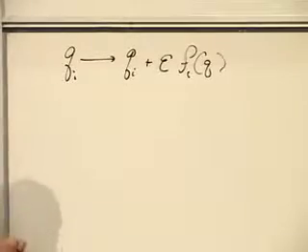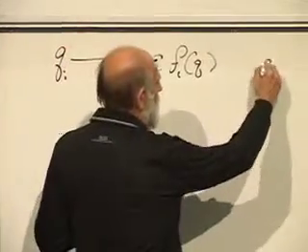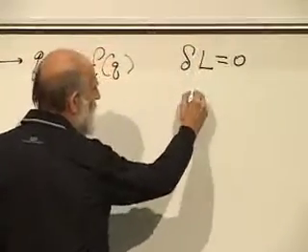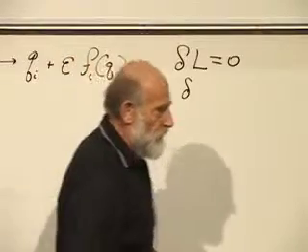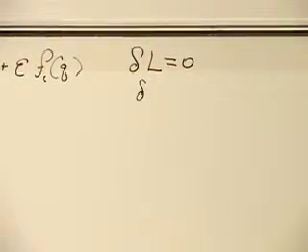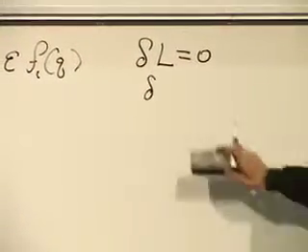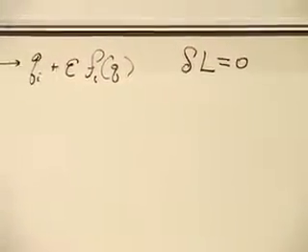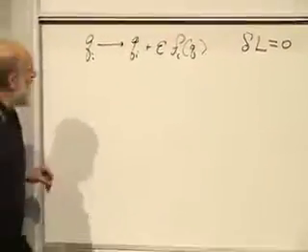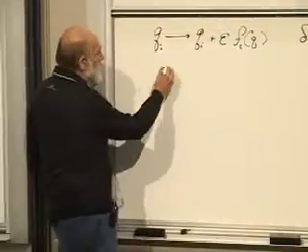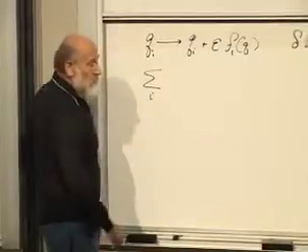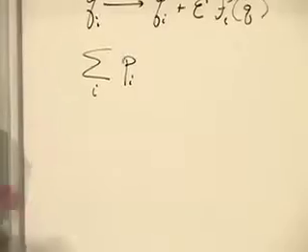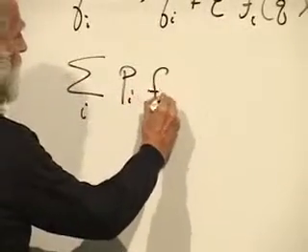If the Lagrangian doesn't change, or the Lagrange density, let's just say the total Lagrangian doesn't change, then there is a conserved quantity, and the conserved quantity is the sum over all the coordinates of the momentum conjugate to the ith coordinate times f sub i of q.